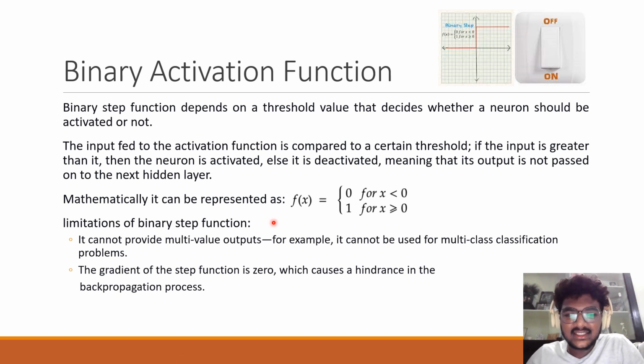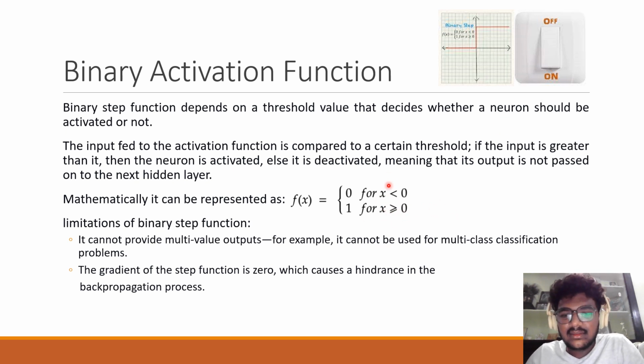So here we can see the mathematical representation of that. f of x is 0 when x is less than 0, which is what is happening in the graph also, and it is set to 1 for all the x or net sum values which are greater than or equal to 0.